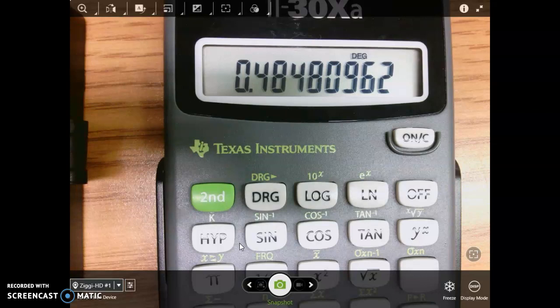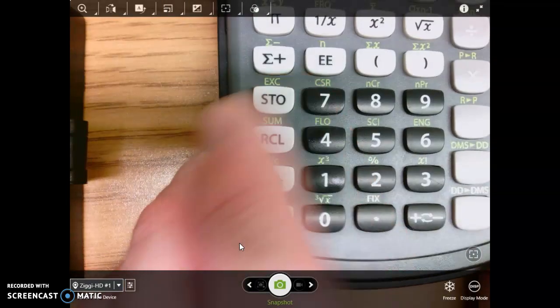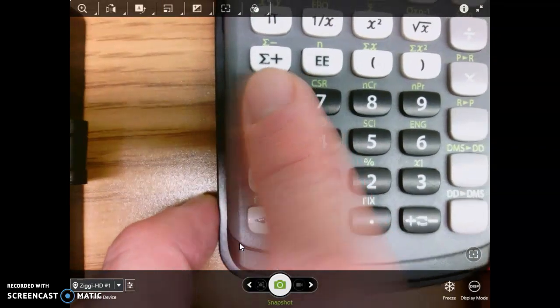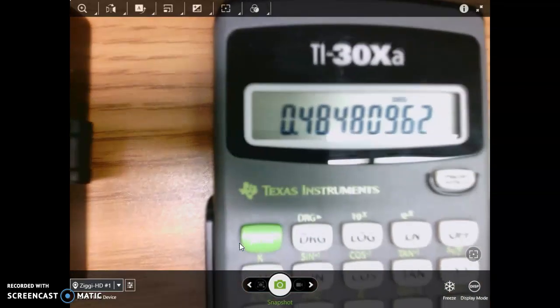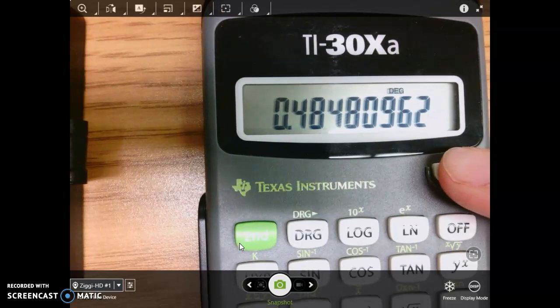Now that's the cosine of 61, okay? So what you can do, ladies and gentlemen, with that is you can write it down as 0.4848, go out to about 4 or 5 decimal places. Or you can use your memory button, which is over here at store. Maybe some other time I'll show you how to do that, but just clear it out.